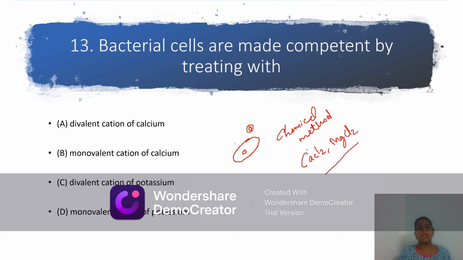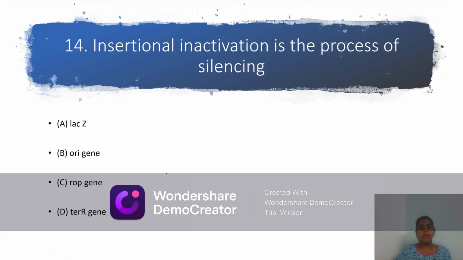Any one of these you can use to make competent bacterial cells, right? So what is the answer here? Divalent cation of calcium. It's a chemical method of transformation.